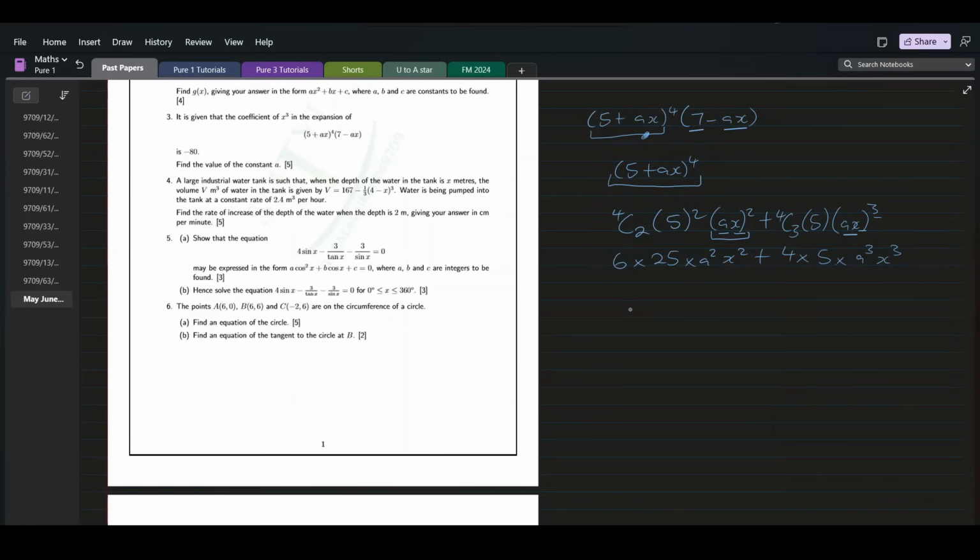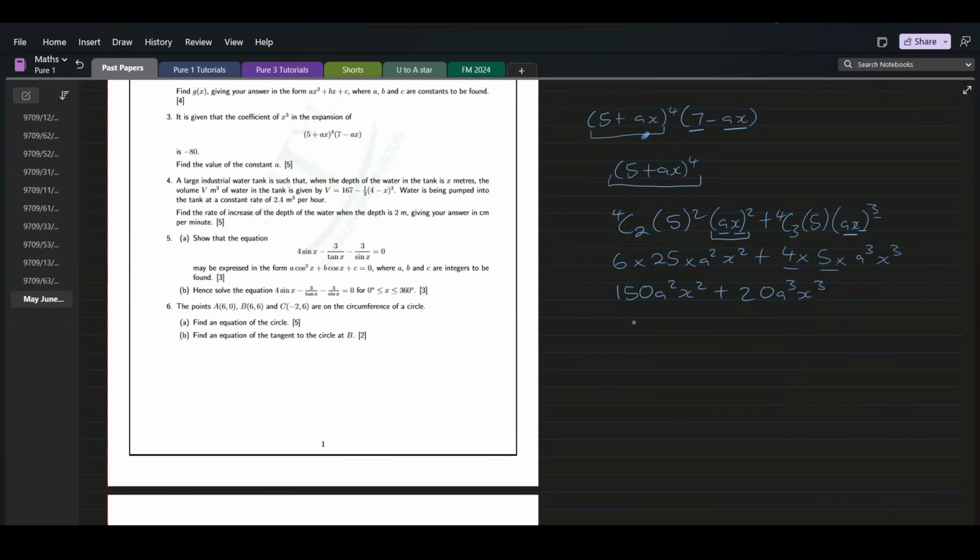Okay, and now if we simplify, we've got 6 times 25, which is 150, and that's a squared x squared, and then we've got 4 by 5, which gives us 20 a cubed x cubed.